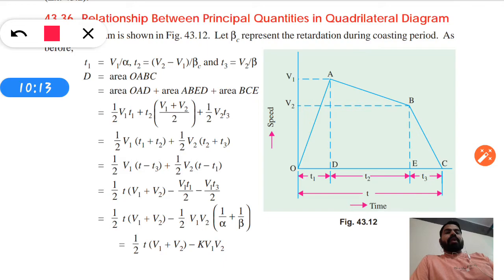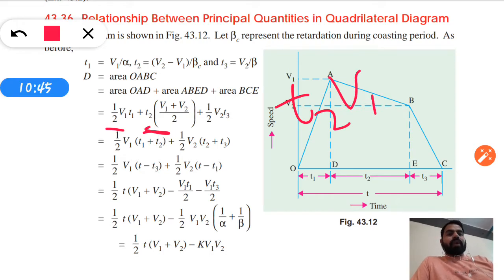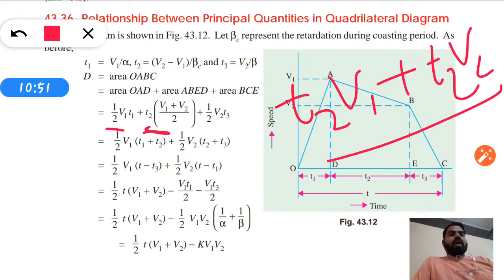After that we can take common factors from here and here, okay, and 1 upon 2 V1 will give (T1 plus T2), and after taking 1 upon 2 V2 common it will become (T2 plus T3), okay, because T2 V1 plus T2 V2 upon 2.